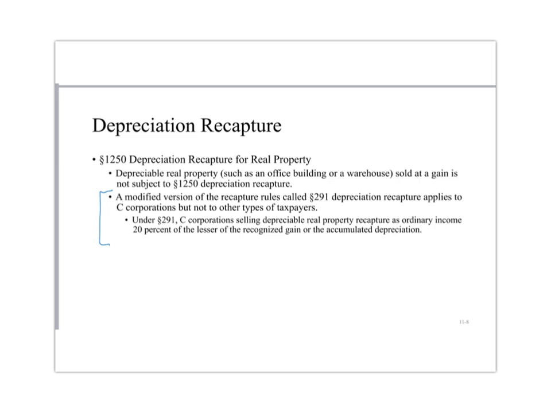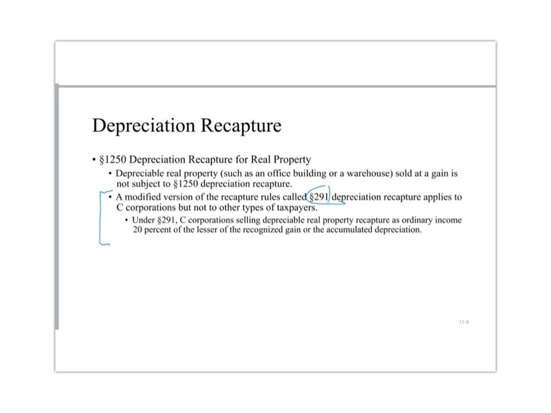And in C corporations, it's called Section 291 depreciation now, because there's a different code section that talks about it. It's a very specific rule under Section 291: C corporations selling depreciable real property recapture as ordinary income 20% of the lesser of the recognized gain or the accumulated depreciation.